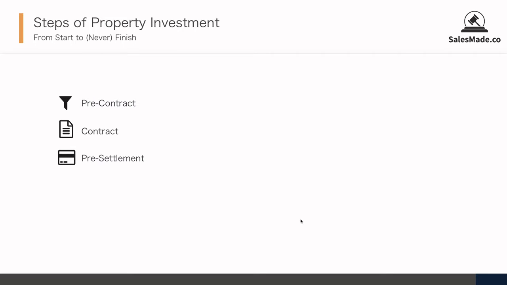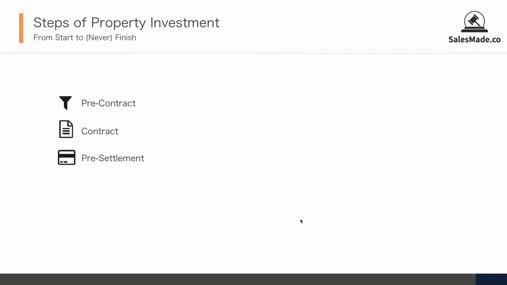First of all, as we said previously, the contract needs to be negotiated, checked, verified and signed. Also, if the buyer wants to get a loan from a lender or a bank in Australia, he or she needs to make a formal application, and that could be through a broker or through the bank directly.